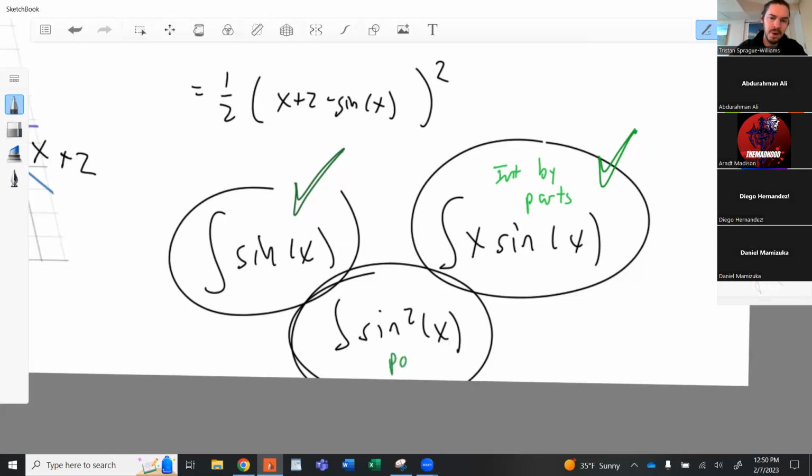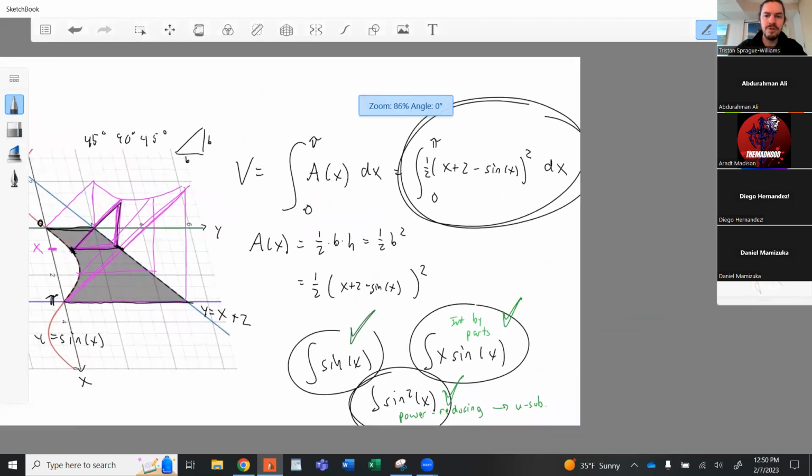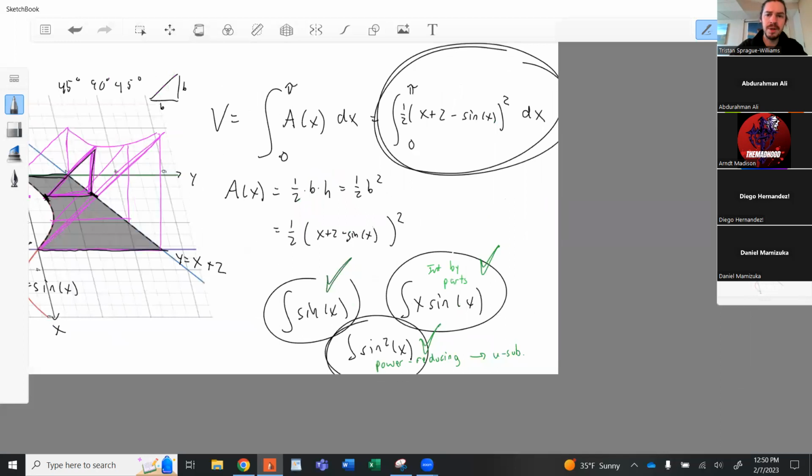Yeah. Power reducing identity. That's right. And then I think followed by a u substitution. Power reducing and then a u substitution, if I remember rightly. So we can do that too. Those techniques will all show up when you split that up and do that integral.